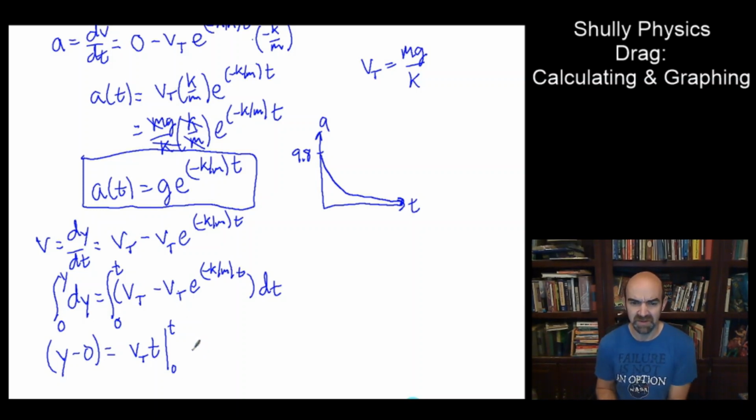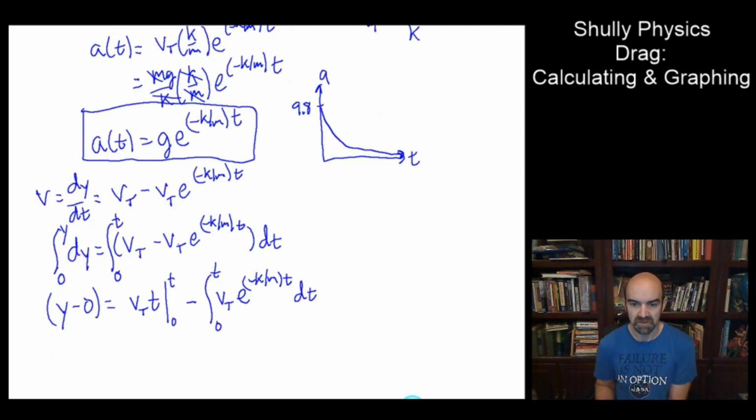And after that, all right, what is the integral of this creature times dt? I'm just going to rewrite this for now. So keep it as the integral. I have a negative, and I've got a v_t in there, e to the negative k over m t dt from 0 to t.